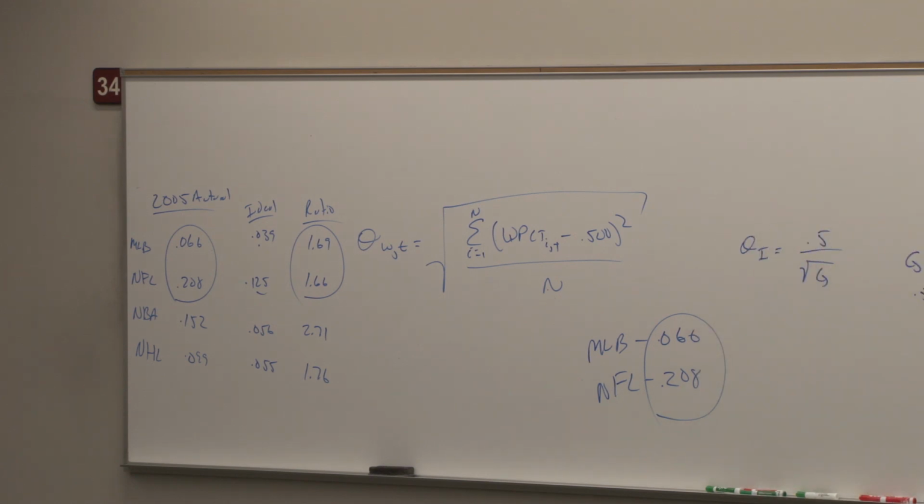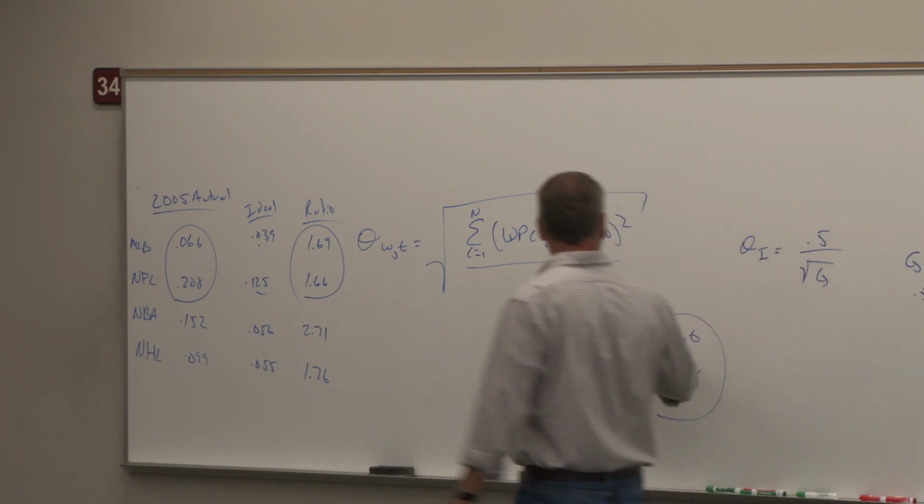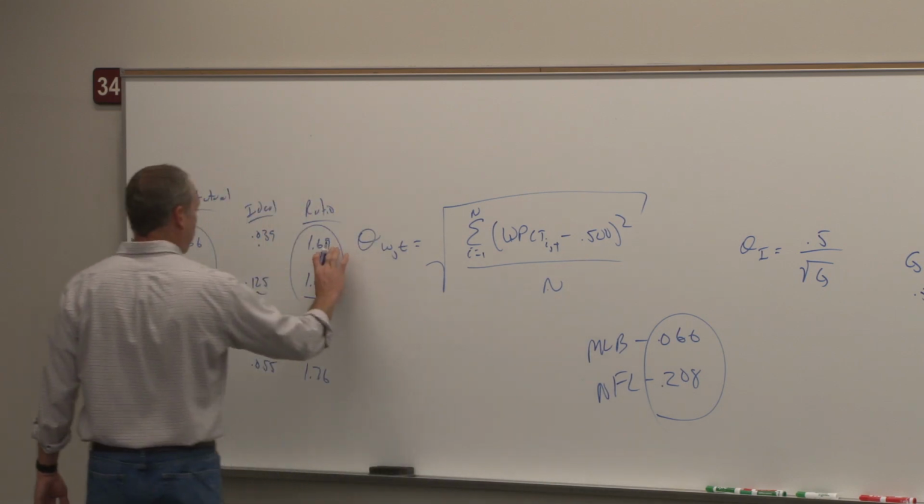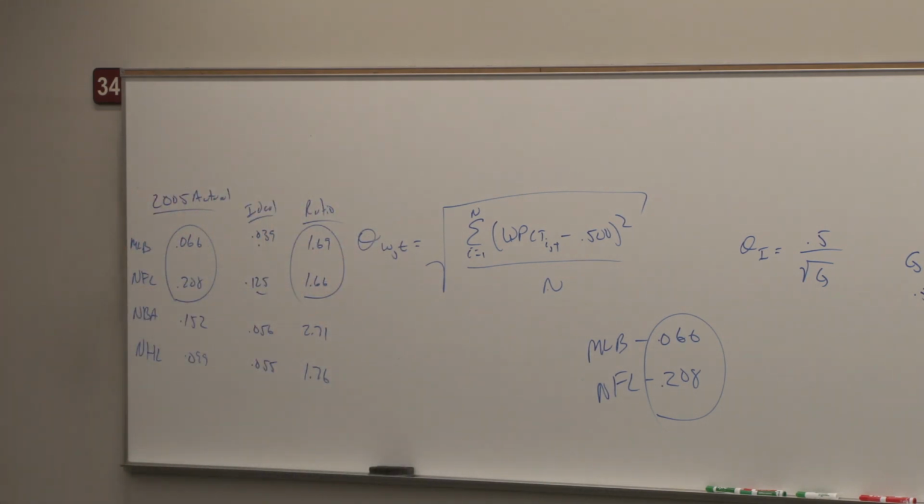Oh my goodness. The NFL has 4 times as much competitive imbalance as Major League Baseball. But their numbers should be higher. And if you look at the ratio, these guys are actually pretty close to each other. They're actually not that far away. If you look at these guys, what do you see?